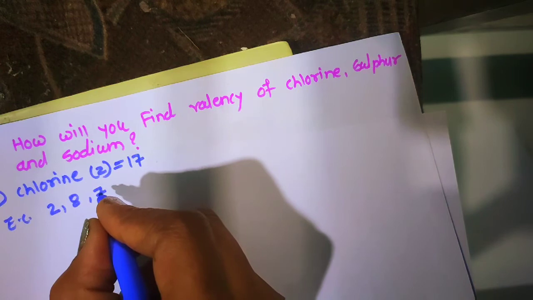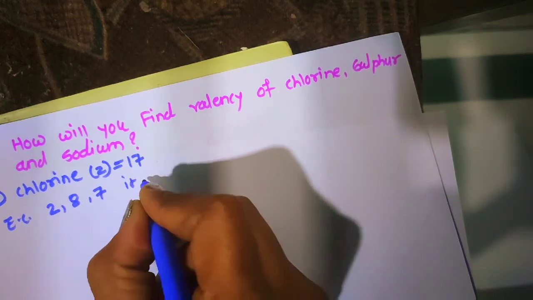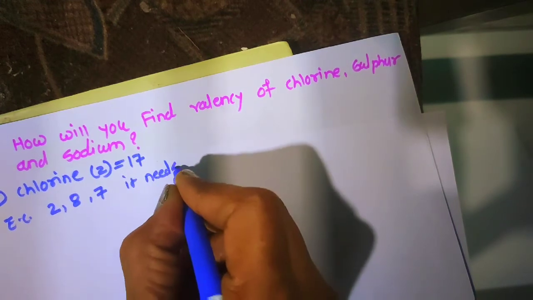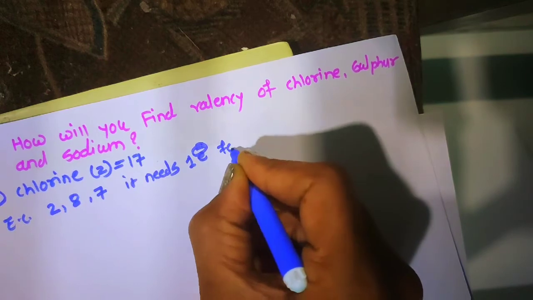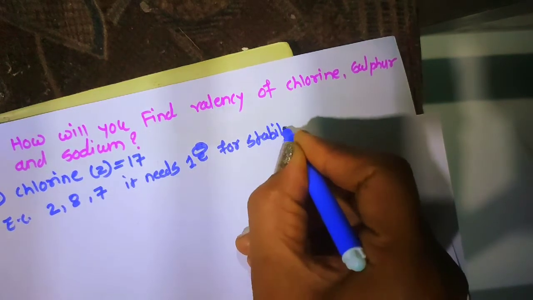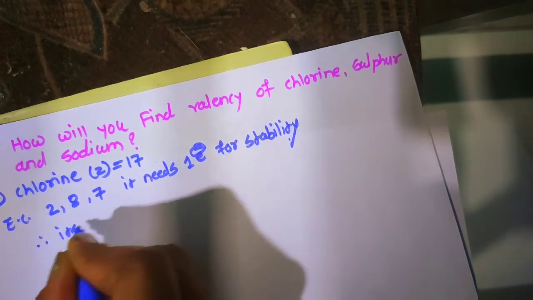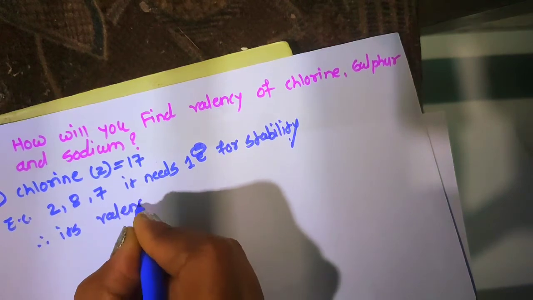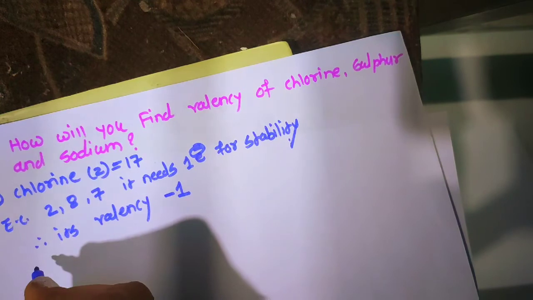The valence shell contains 7 electrons, so it needs 1 electron for stability. Therefore, its valency is -1. Clear, my dear students?